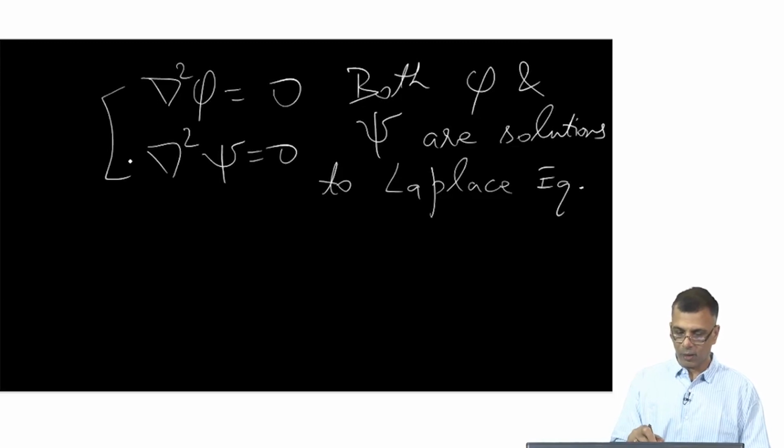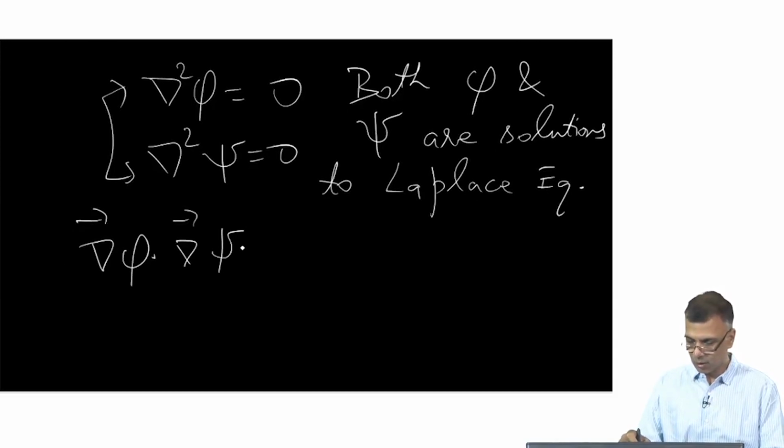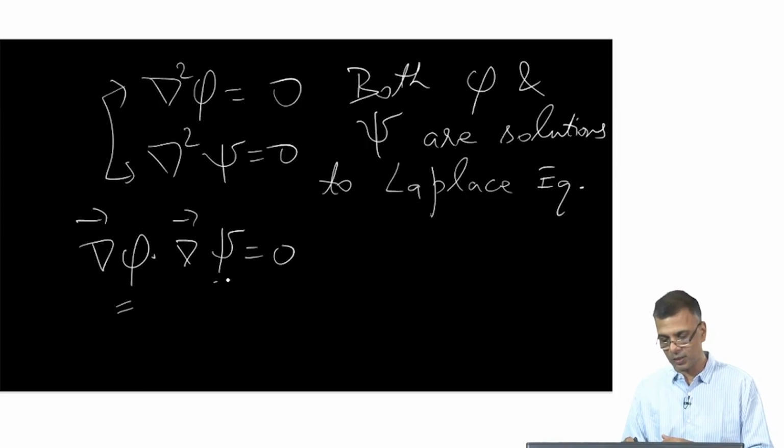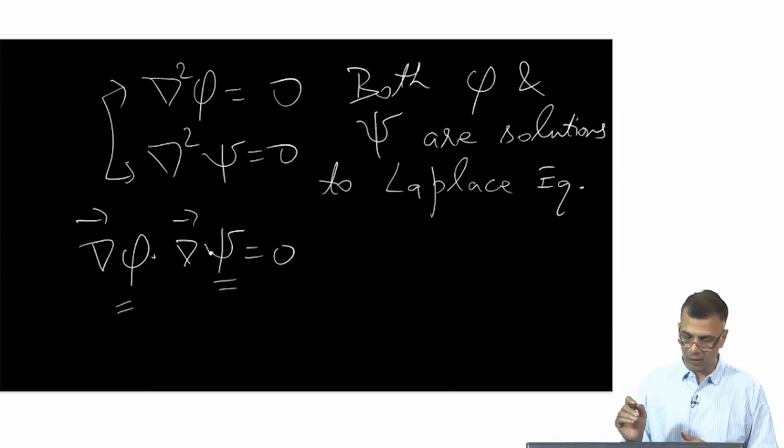Both of these. What's more, these are orthogonal. In other words, the potential lines and the stream lines are orthogonal, very much like electrostatics.